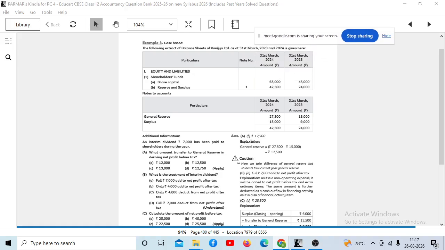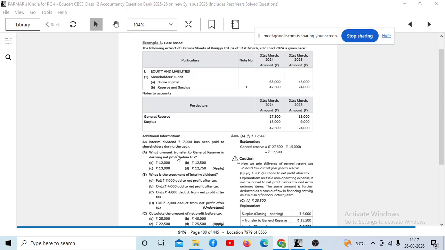In notes to accounts, they had told that there is a general reserve and there is a surplus. And in additional information, they are telling that an interim dividend of rupees 7,000 has been paid to the shareholders during the year. Okay, so now we are supposed to prepare the cash flow statement.